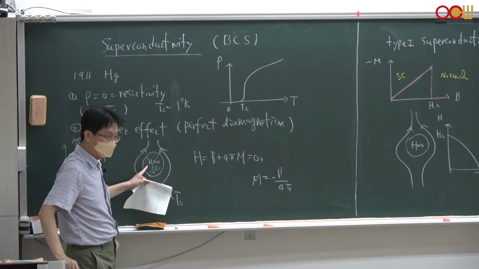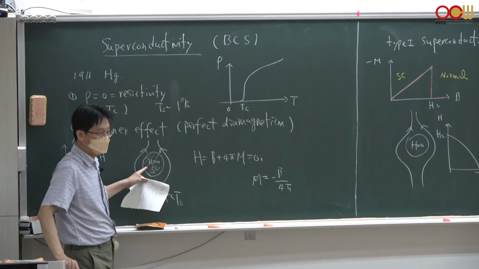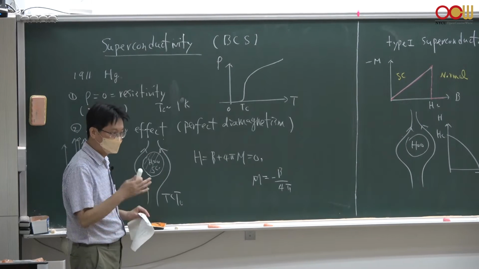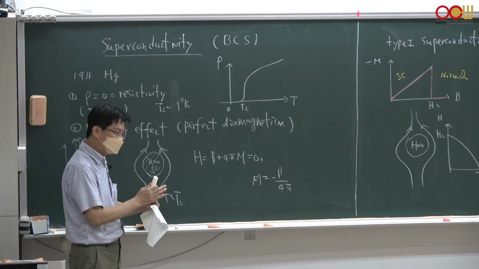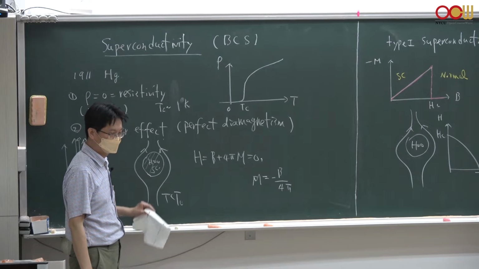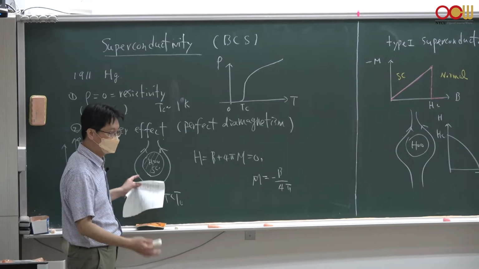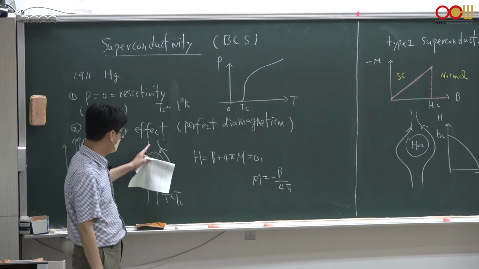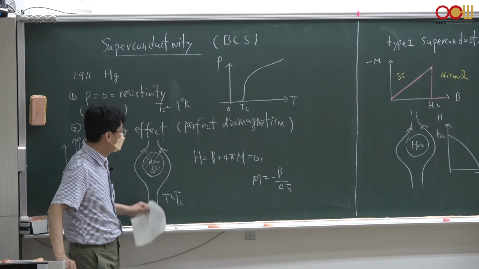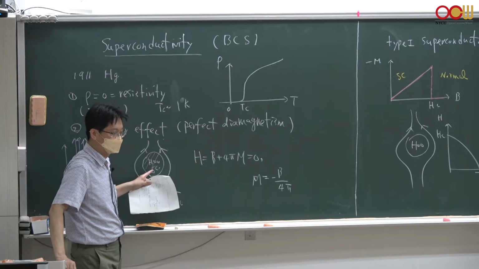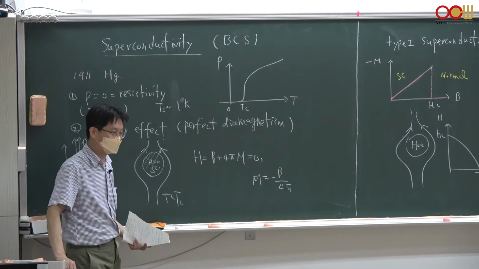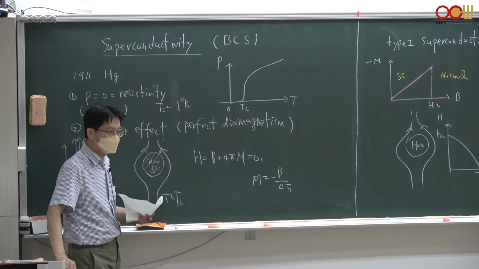So there's no net H field inside the superconductor, and the magnetic flux that you inject is repelled perfectly by the superconductor. There is almost no chance that the flux will penetrate into the superconducting state. That diamagnetism is perfect. So a superconductor is also a perfect diamagnet.